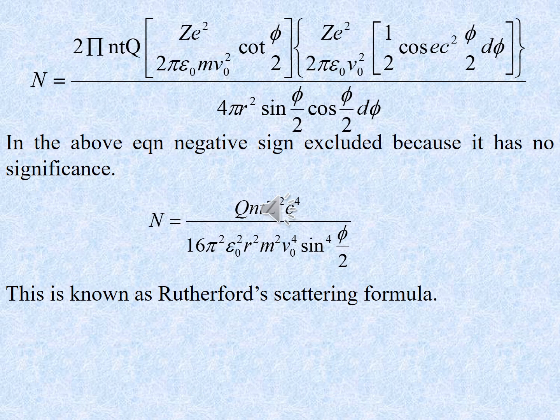After substituting the values in the above equations, we get N is equal to Q n t Z²e⁴ by 16π²ε₀² r² m² v₀⁴ sin⁴ φ/2. This is known as Rutherford's scattering formula.